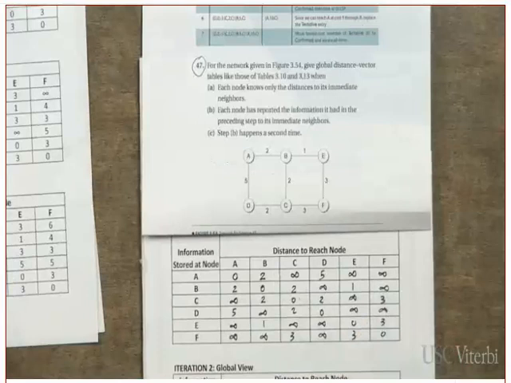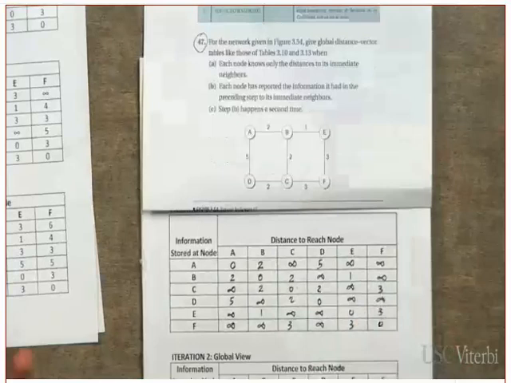E to B, 1. E to C, 3. D, we can't go, infinity. And then E, 3. F to A. F to B is 4. F to C, 3. D, 5. And F to E, 3.